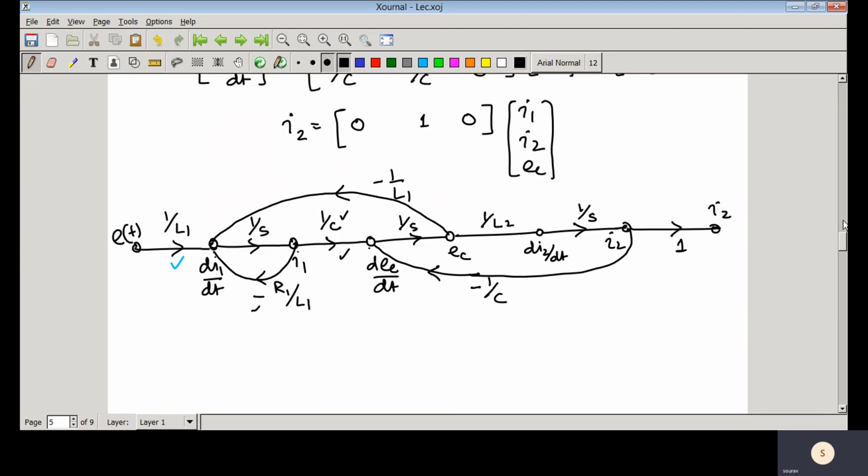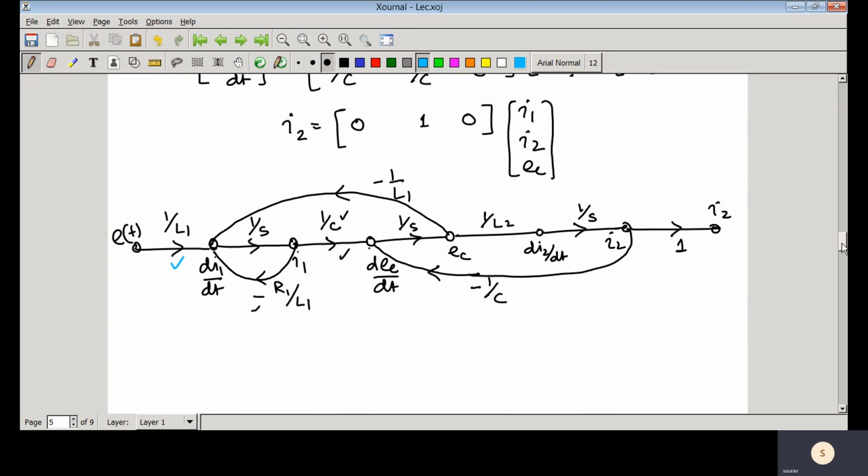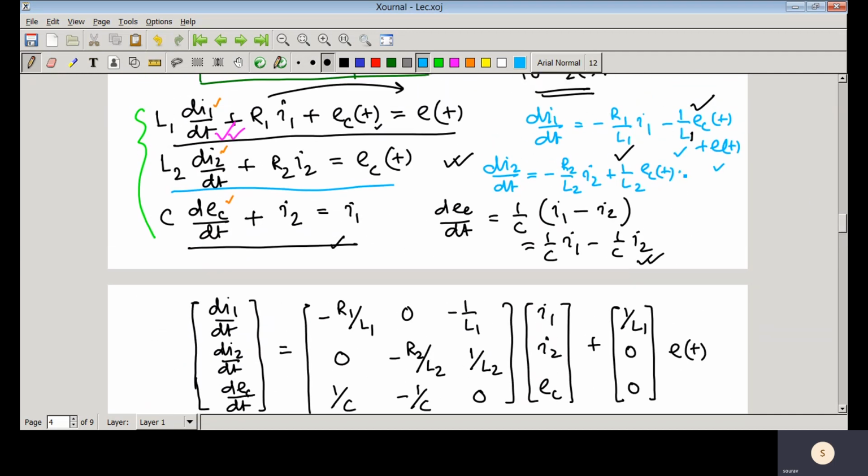And what happens in case of dI2 by dt? If we take the right hand side, that is minus R2 by L2 I2 plus 1 by L2 EC(t). So here we can see that 1 by L2 EC, we get this term, but we need to get that term.